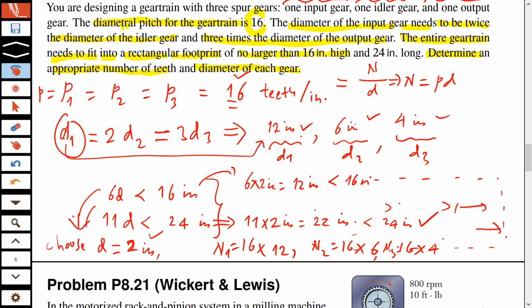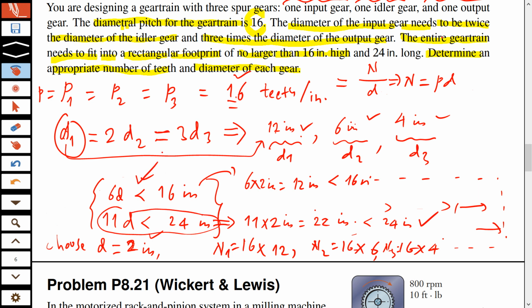So the question looked very complicated, but if you understand the meaning of these diametral pitch, and how to translate these word statements into inequalities, mathematical equalities, and just remember that one of them includes the other. So it looks like 11D less than 24 already includes that.